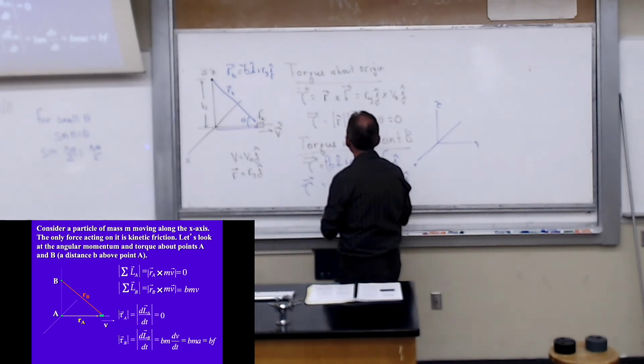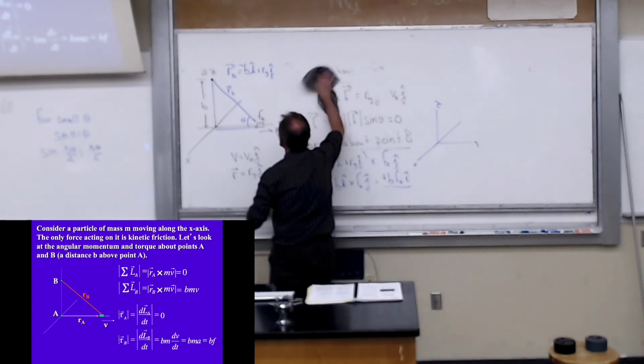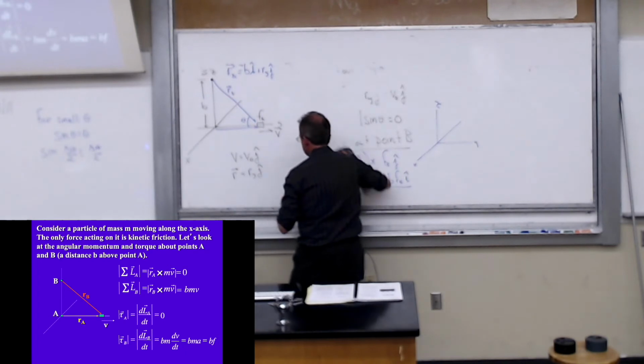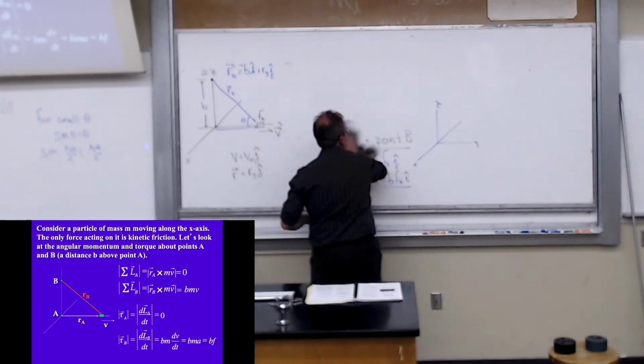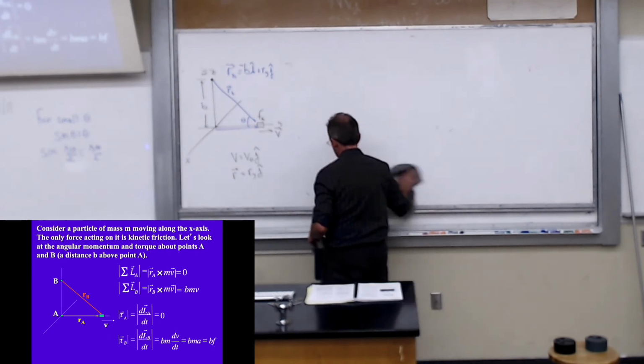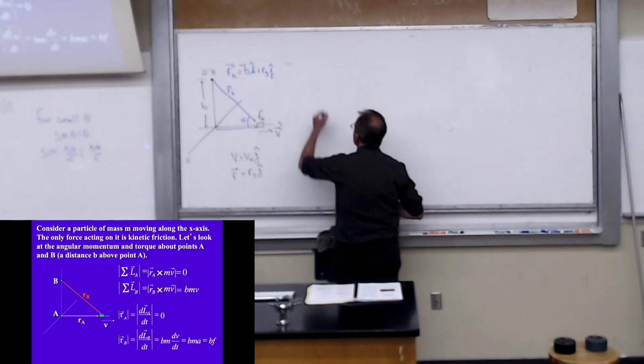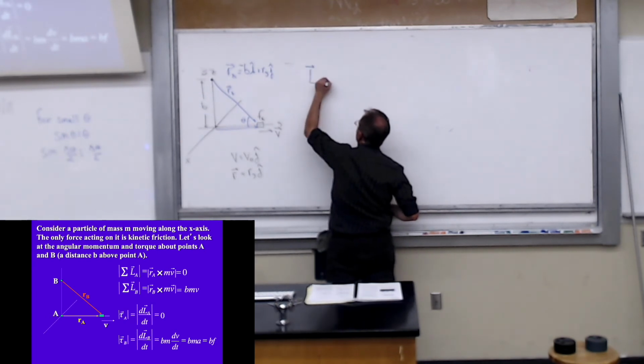So let me erase this. We already calculated the torque on this thing. Let's go back to this problem. It's moving with speed v. What is L about the origin?